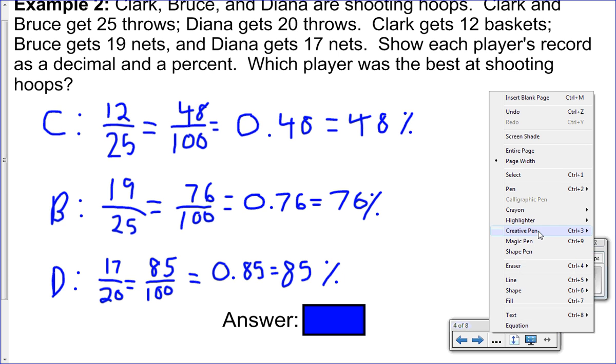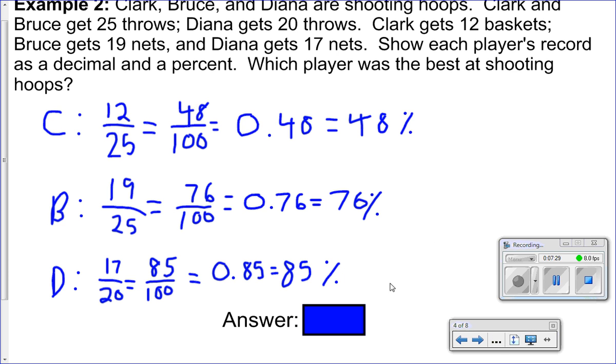So let's check the answer box. And we see that Diana was the best at shooting hoops because she had the highest percentage.